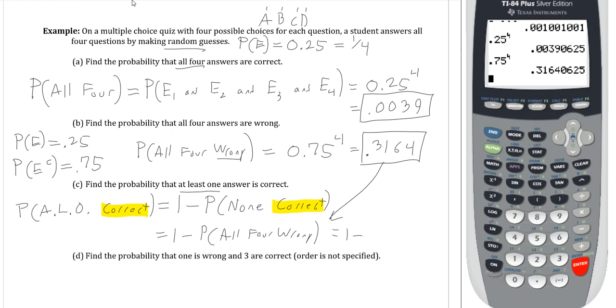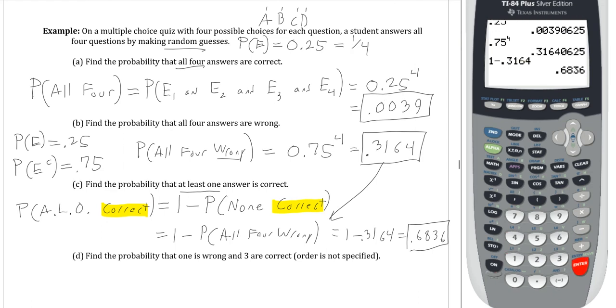So that's 1 minus 0.3164, which will give us 0.6836. Just do that for confirmation. 1 minus 0.3164, 0.6836.